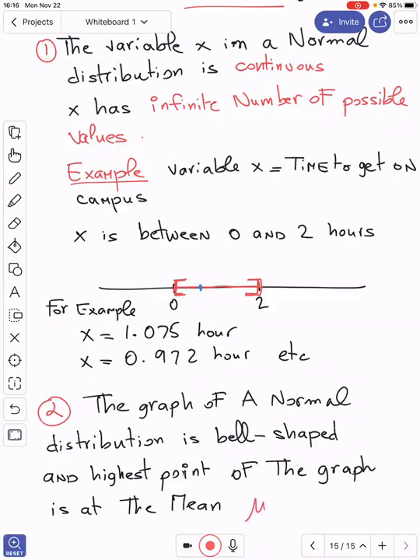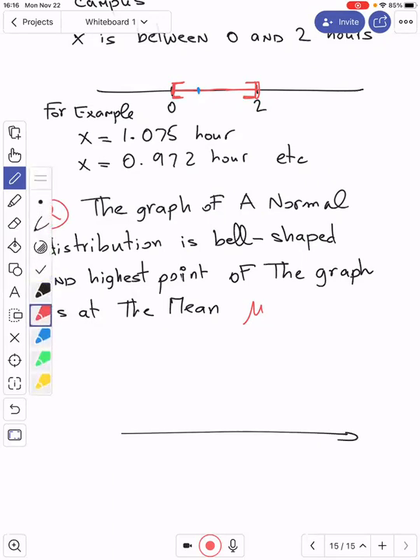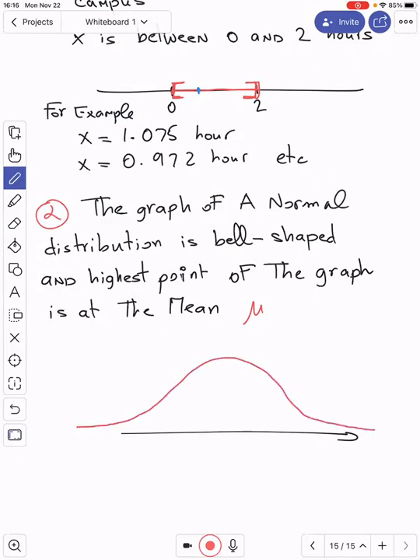Okay, so the graph of a normal distribution is going to look like, as I said, a bell shape. So the graph is going to look something like this here.